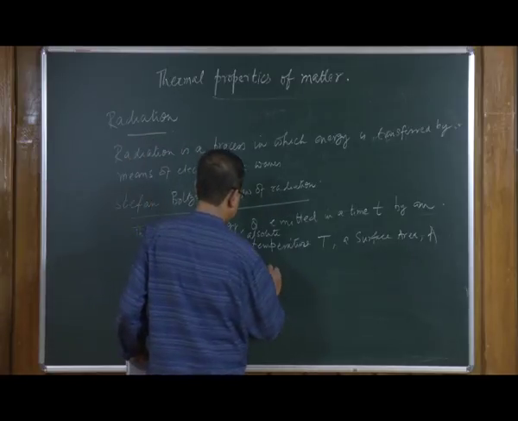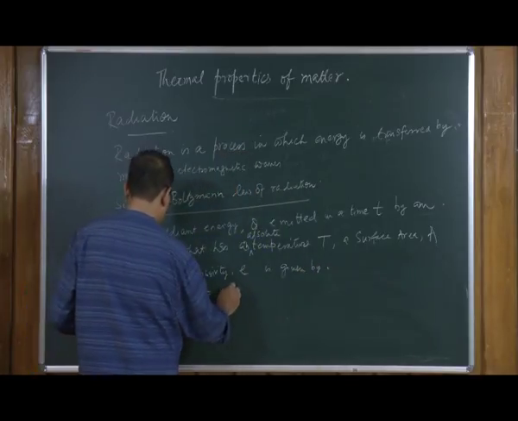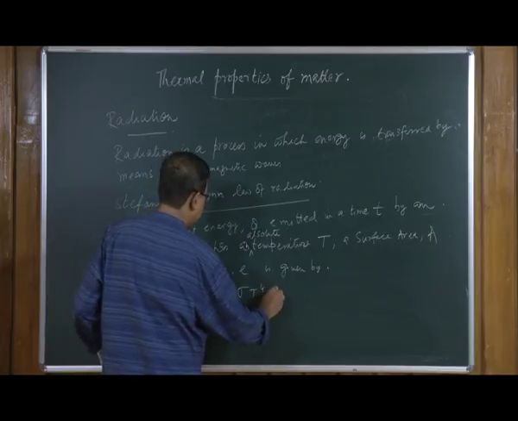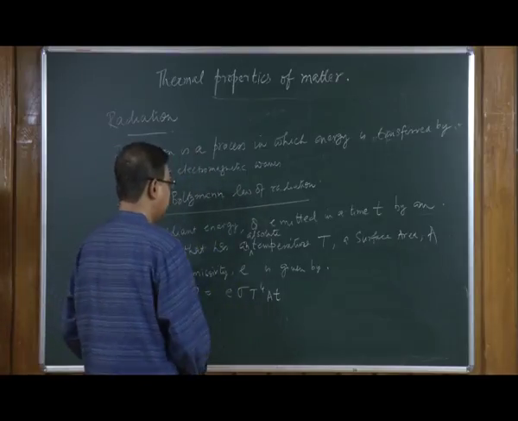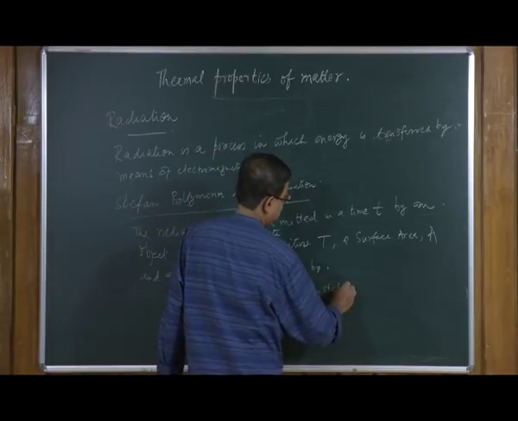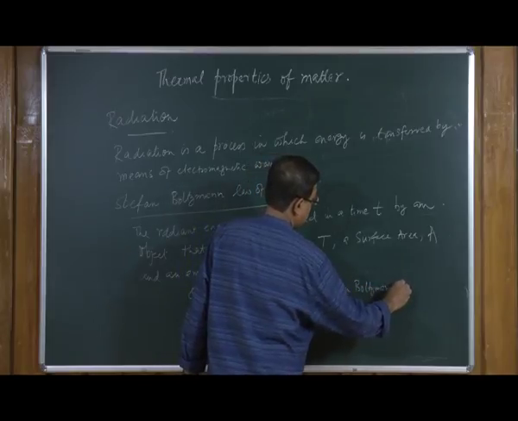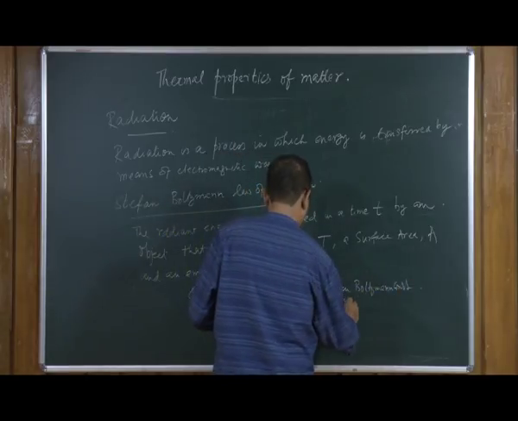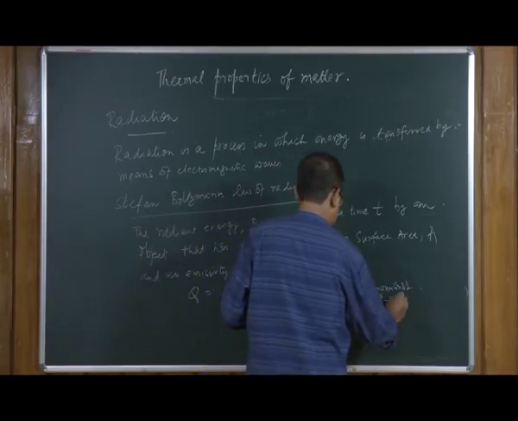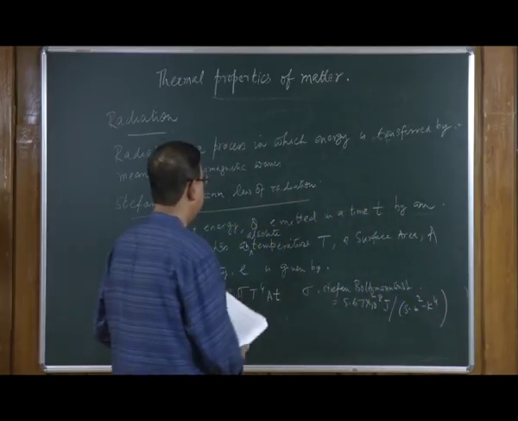So, this is given by Q equal to e sigma T to the power 4 A t, and this sigma is known as the Stefan-Boltzmann constant, and this has a value which is 5.67 into 10 to the power minus 8 joule per second per meter square Kelvin to the power 4.